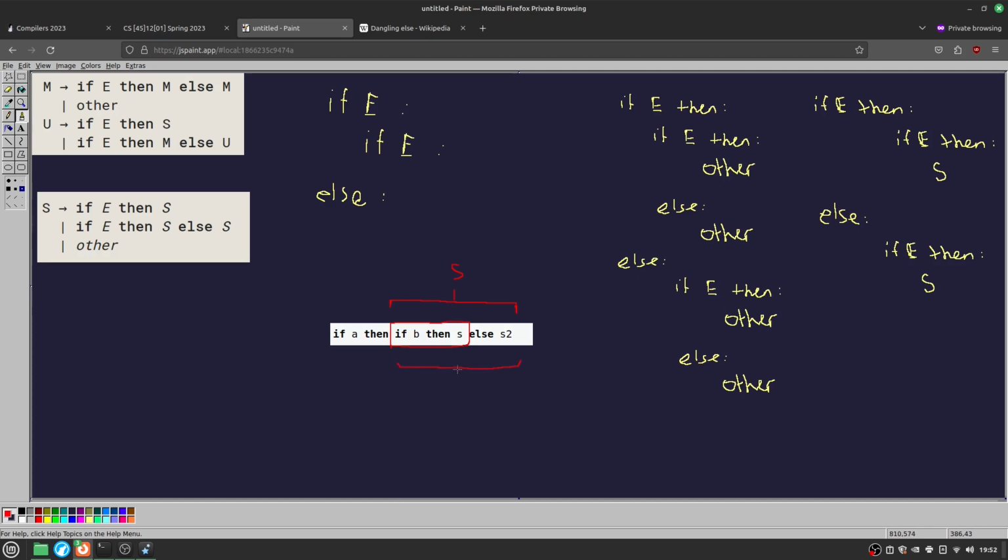So that counts as a matched statement. So U encompasses that entire thing, contains S, and then you go in and parse that as a matched statement. I think. I hope that's what they're trying to say.